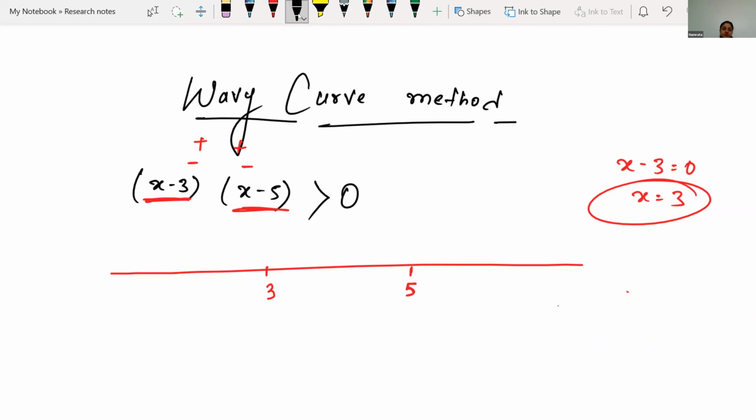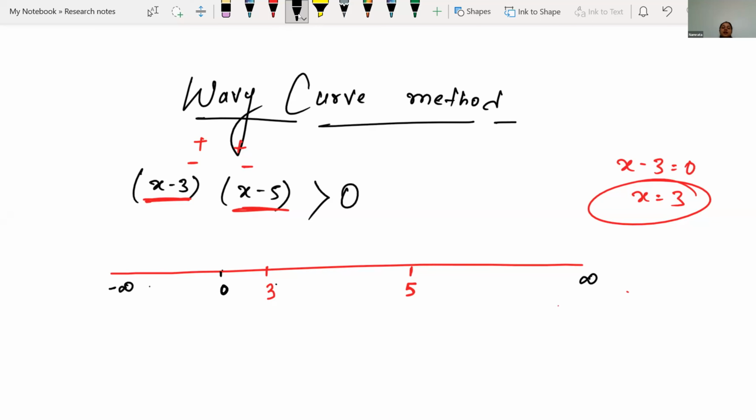Right? Yes, ma'am. So here, if we take a real line, we can see the interval minus infinity to infinity. Now if you take any value in between, let's say minus infinity to 3, we will choose such a value which will help us do the calculation easily.